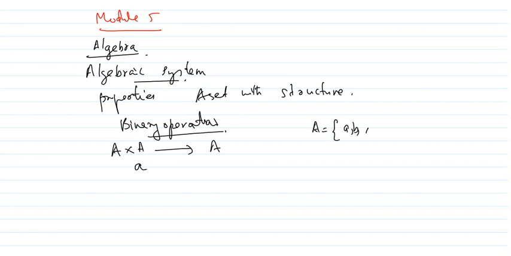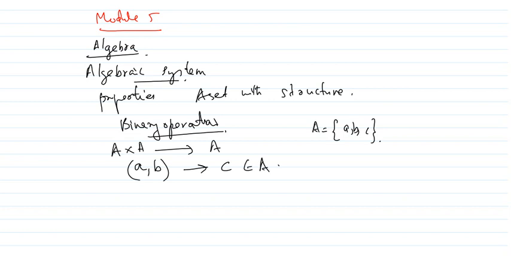So A cross A means we get an ordered pair (a, b), which is associated with the element c. So a and b are related and it goes to c, and this c belongs to the set A itself. That is what is known as a binary operation.